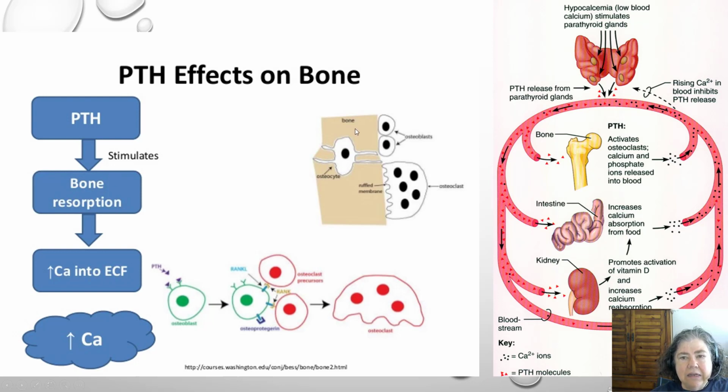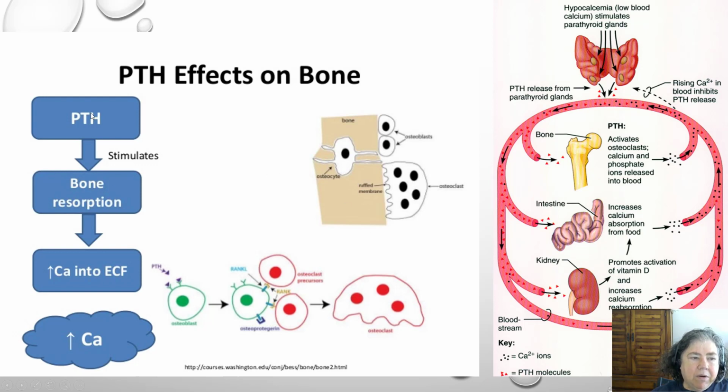This is a slide showing the effects of parathormone on bone and in other places. So on bone, parathyroid hormone stimulates bone resorption. So osteoclasts are the cells that break down bone.